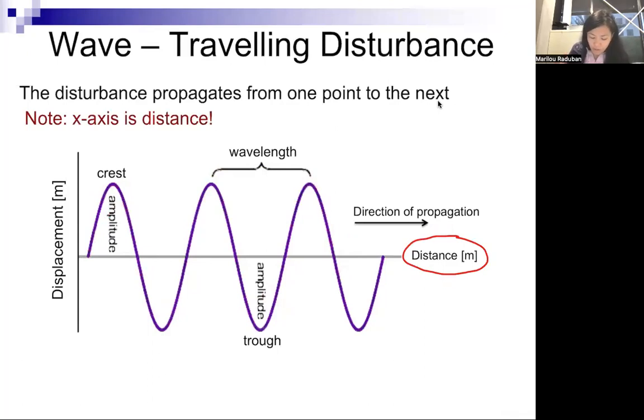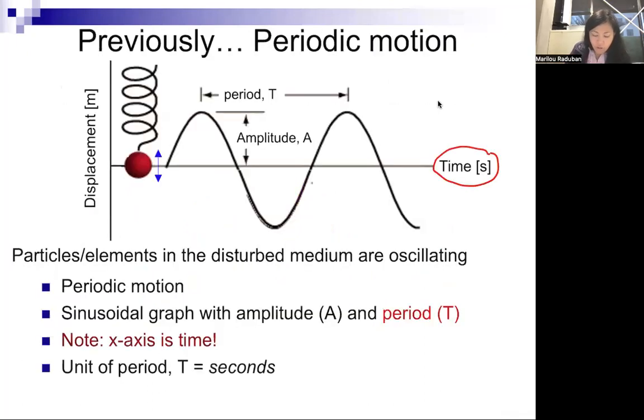So if you compare the sinusoidal graph of the wave and the periodic motion, they're both sinusoidal. They both have an amplitude, and you can measure the separation of two successive points.